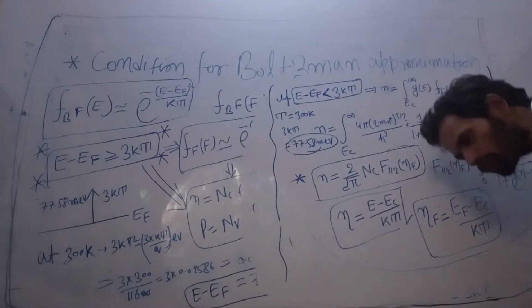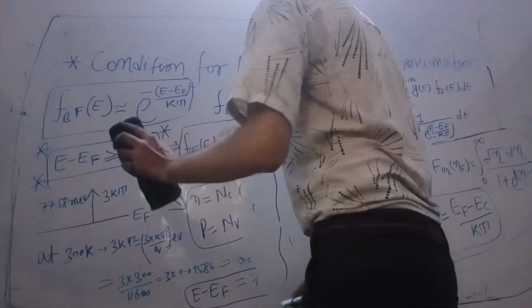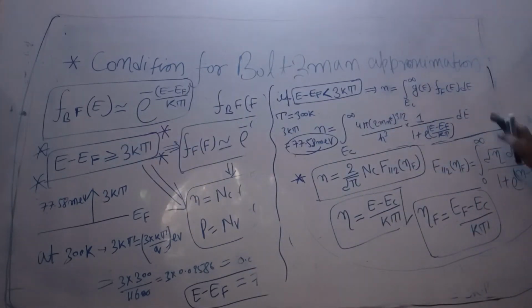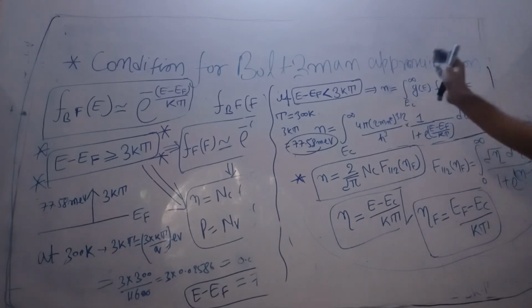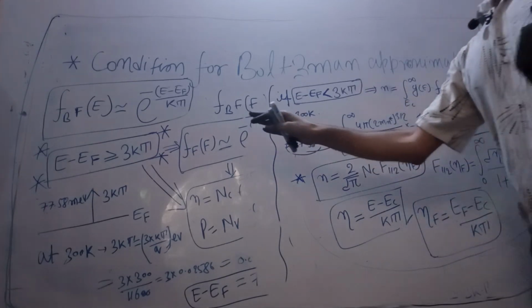So that's all for today, and thank you very much. This is all about the Fermi-Dirac distribution function and the Boltzmann approximation. We have done everything by drawing graphs and by mathematical derivation.